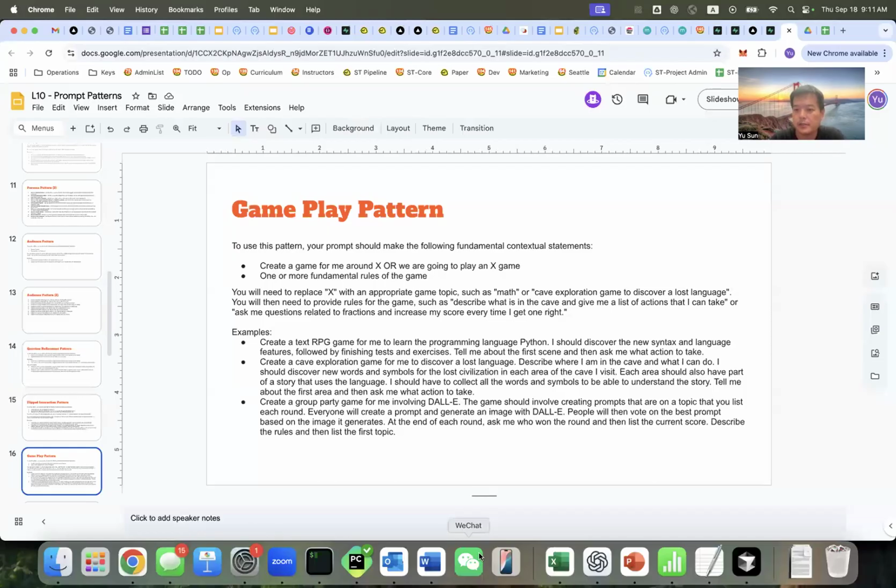Play Jeopardy of computer science, and learning Japanese, and learning algebra, and also another Jeopardy.